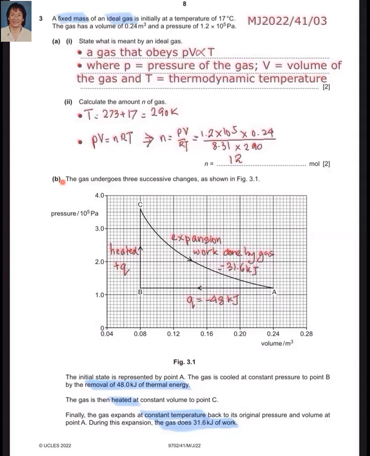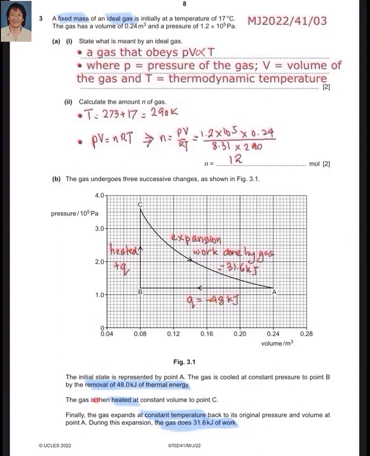Part B. The gas undergoes 3 successive changes as shown in figure 3.1. The initial state is represented by point A. The gas is cooled at constant pressure to point B, from A to B by cooling, by the removal of 48 kilojoule of thermal energy. That's why your Q is a minus sign, because heat energy is removed from the system.